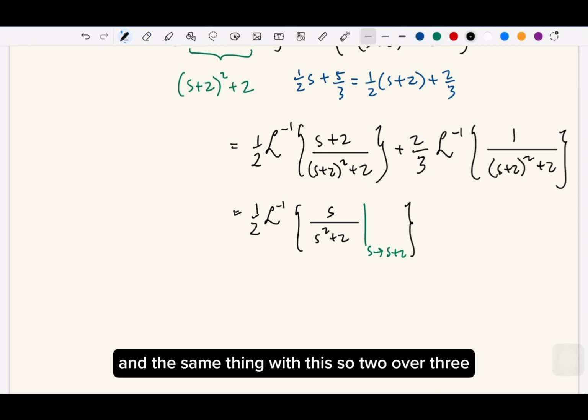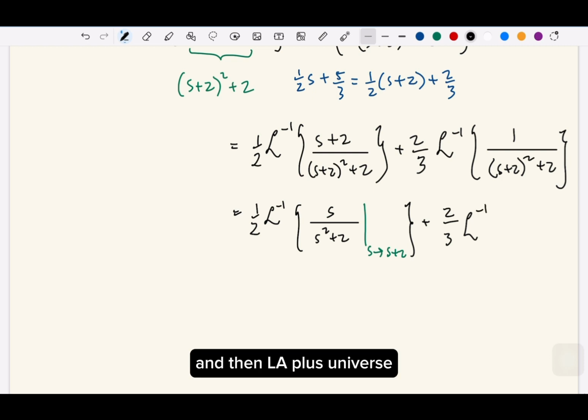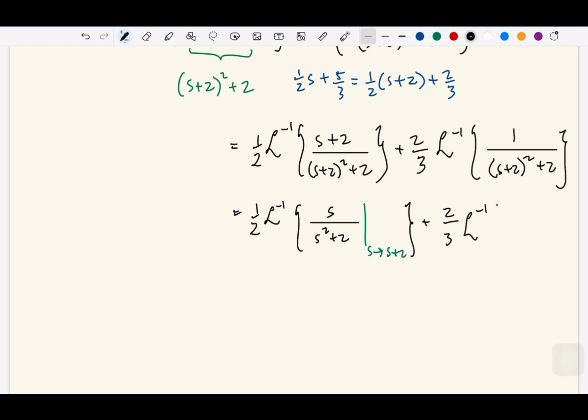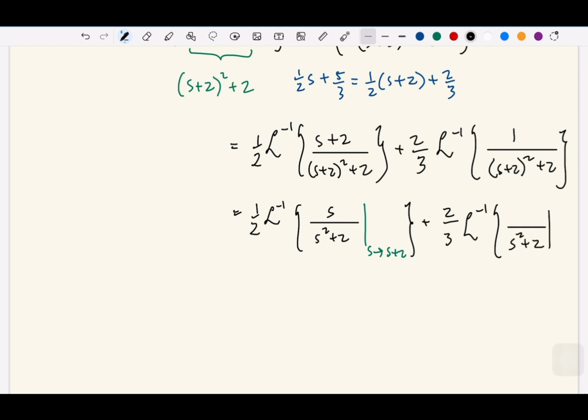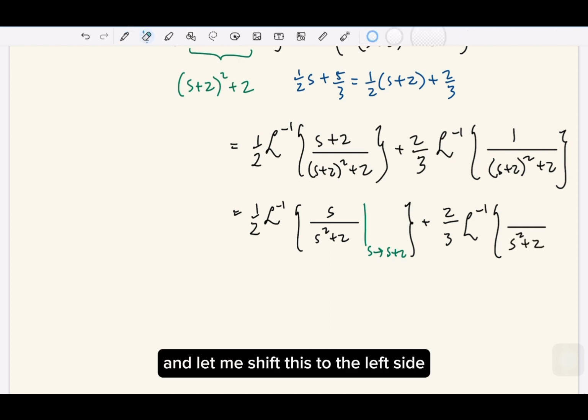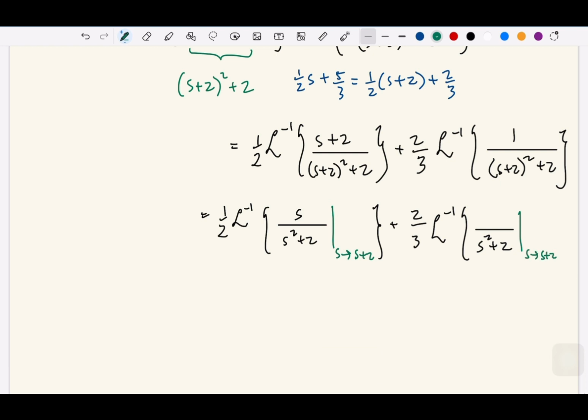And the same thing with this, 2/3 Laplace inverse, where we have s squared plus 2. Let me shift this to the left side. This will be s to s plus 2.